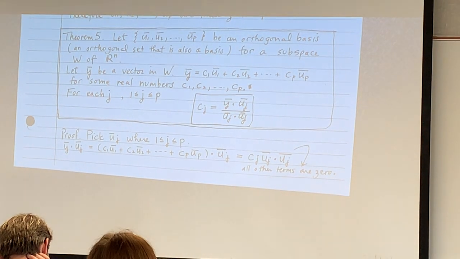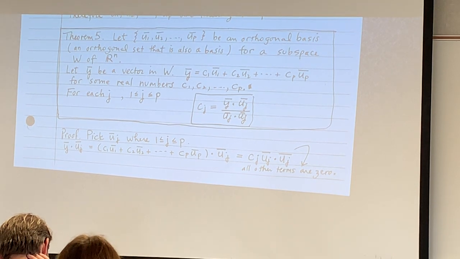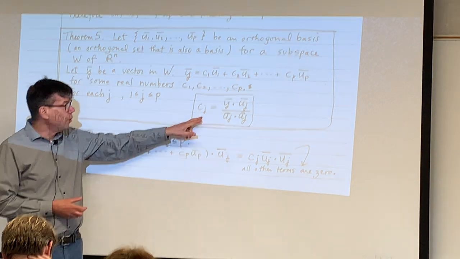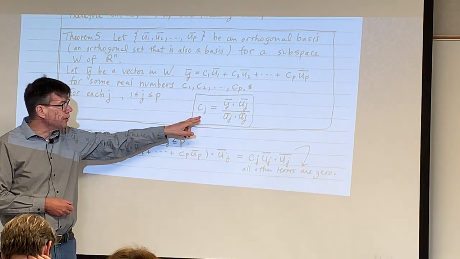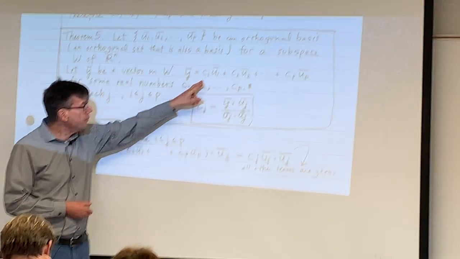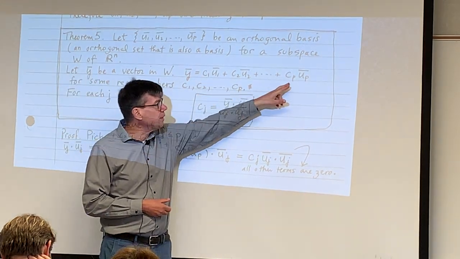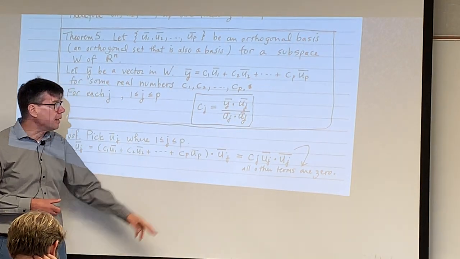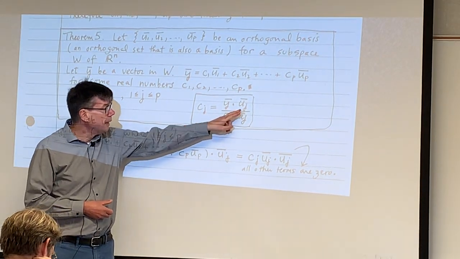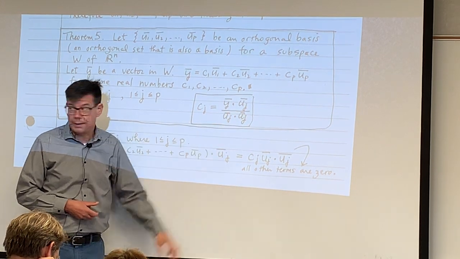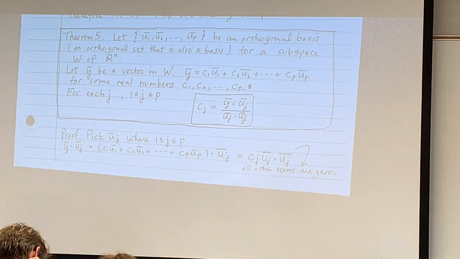And so here's why people care about an orthogonal basis. It allows us to describe what these scalars, what these weights are very explicitly. It turns out for each one, C1 through CP down the line, we have a formula for what that weight has to be. It's the vector y dotted with the basis vector over the dot product of the basis vector with itself.